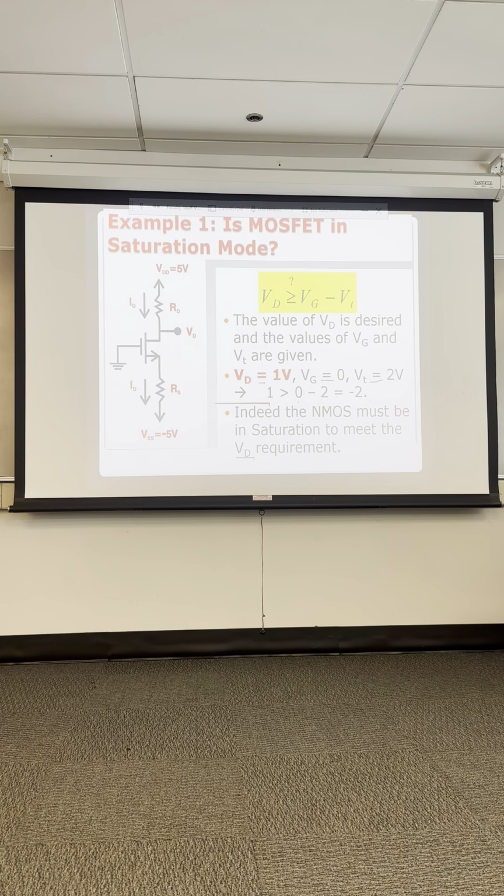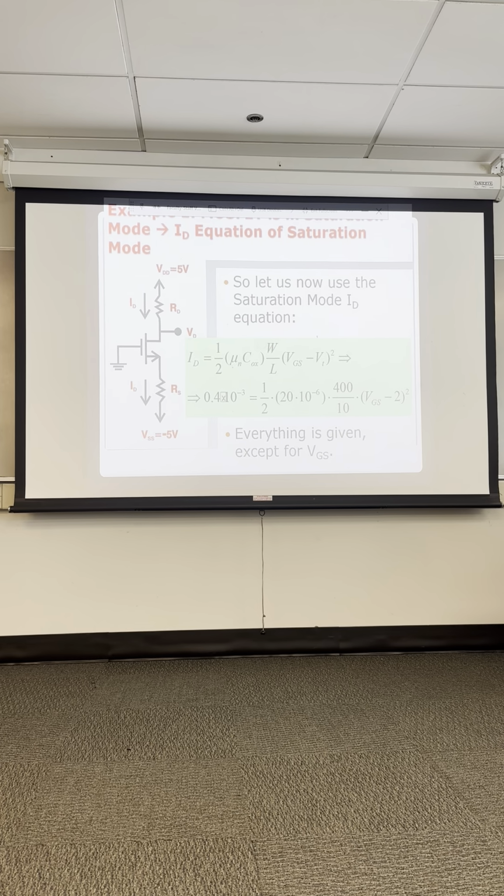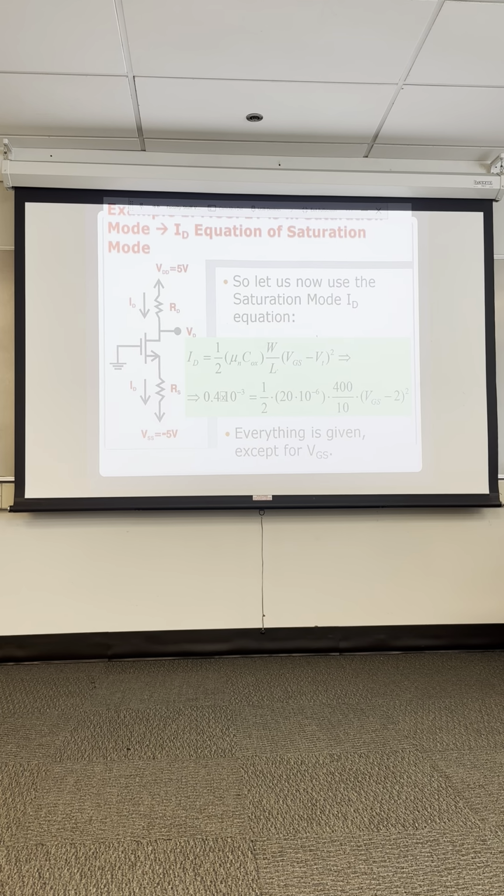Now, establishing that, we can go back to our table and pick the equation for the NMOS in saturation. And we need mu_n C_ox, and we need W over L. So we're going to have to assume the problem is giving that information.